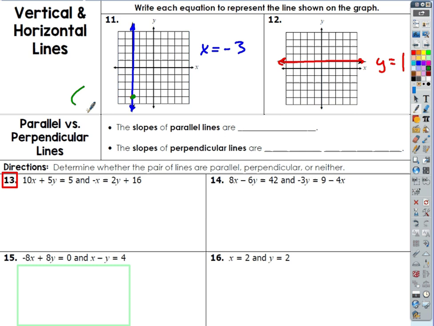Negative 3, negative 4. How about that point right there? Negative 3, 4.